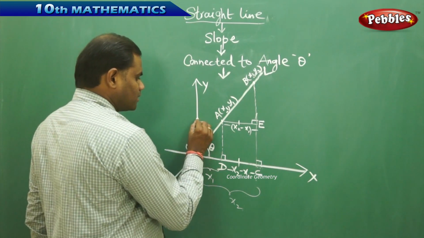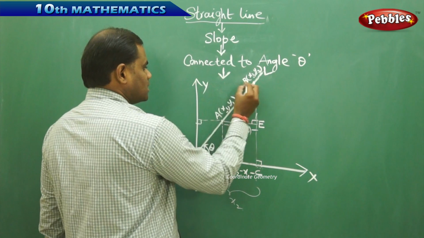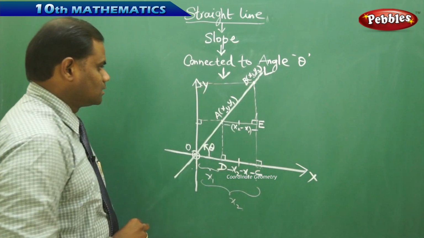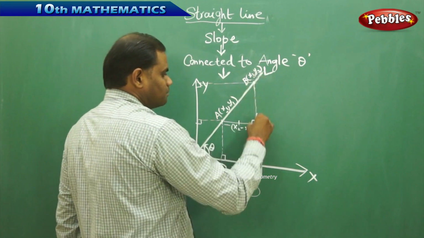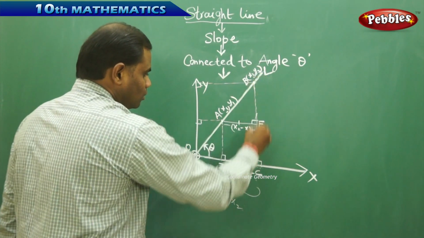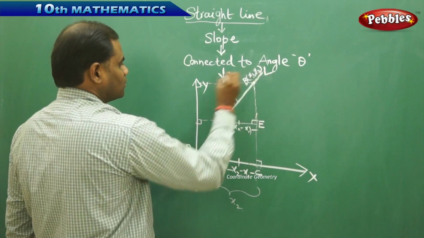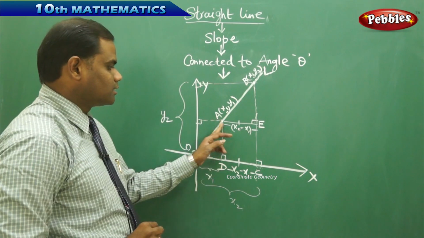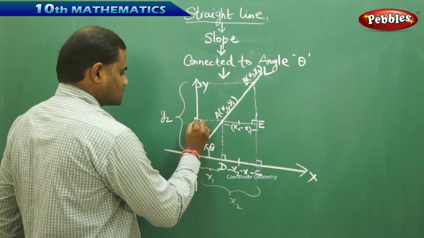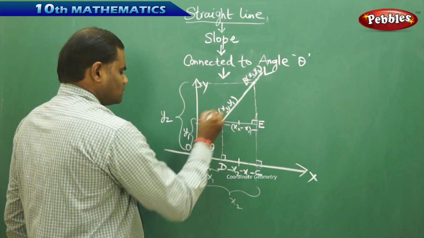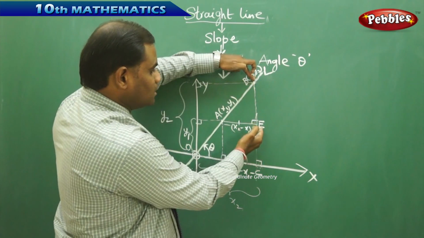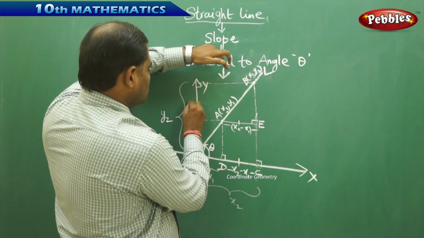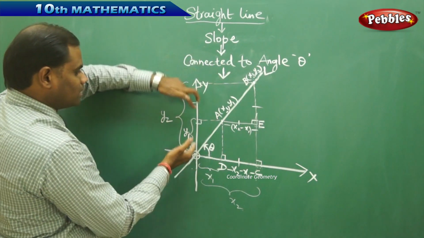Similarly, when I drop the perpendiculars onto the y-axis, the same concept arises. If I want to find the length BE, the whole of BC is nothing but the y-coordinate of B, which is y2, and the y-coordinate of E is y1, and therefore BE is BC minus EC, which is y2 minus y1.